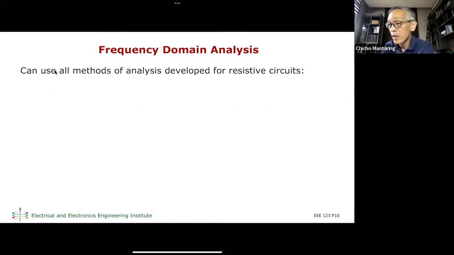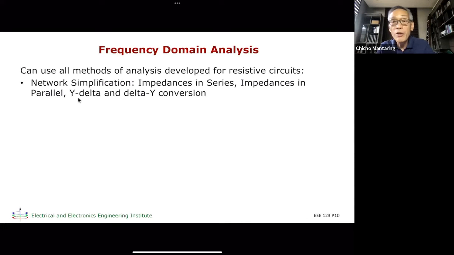Okay, ang kagandahan sa frequency domain analysis, the beauty of frequency domain analysis is we can actually use all methods of analysis developed for resistive circuits. So anong pwede natin gawin? Pwede tayong mag-network simplification. Pwede tayong mag-simplify ng impedances in series, impedances in parallel.